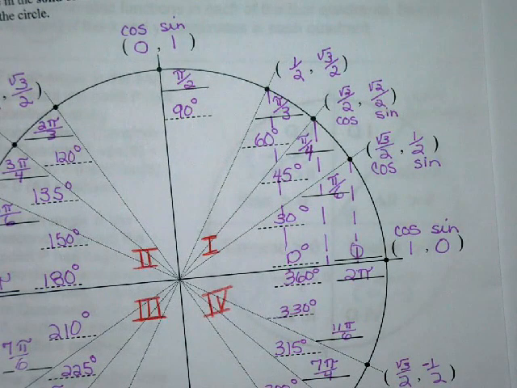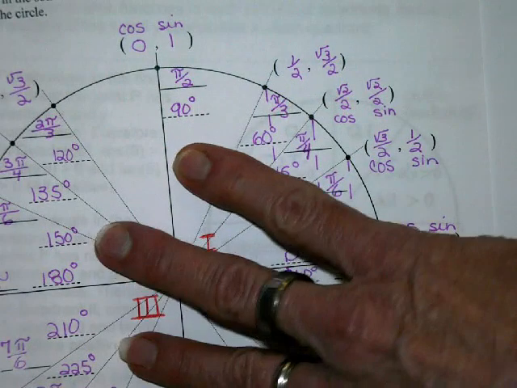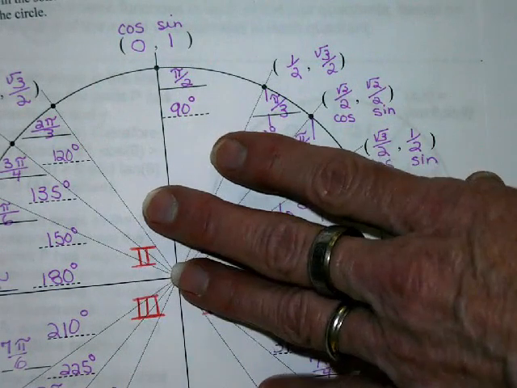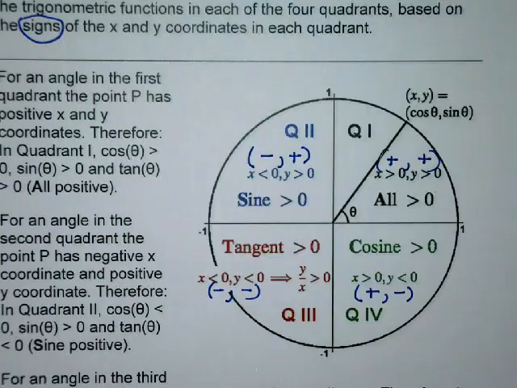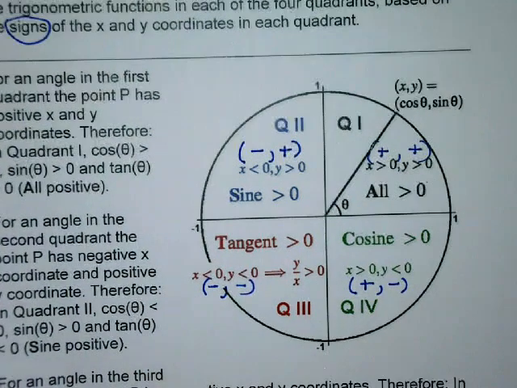Okay, let's connect the dots. The signs are on this circle, but you just didn't notice maybe who was positive and who was negative. So that's why we went explicit with this one. Ordered pairs, positives or negatives, or both or neither.